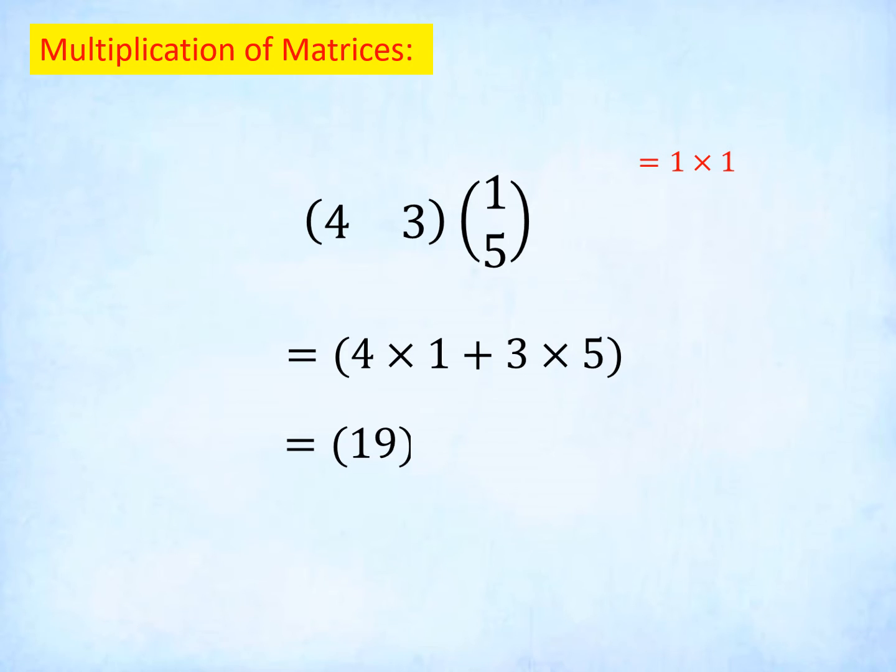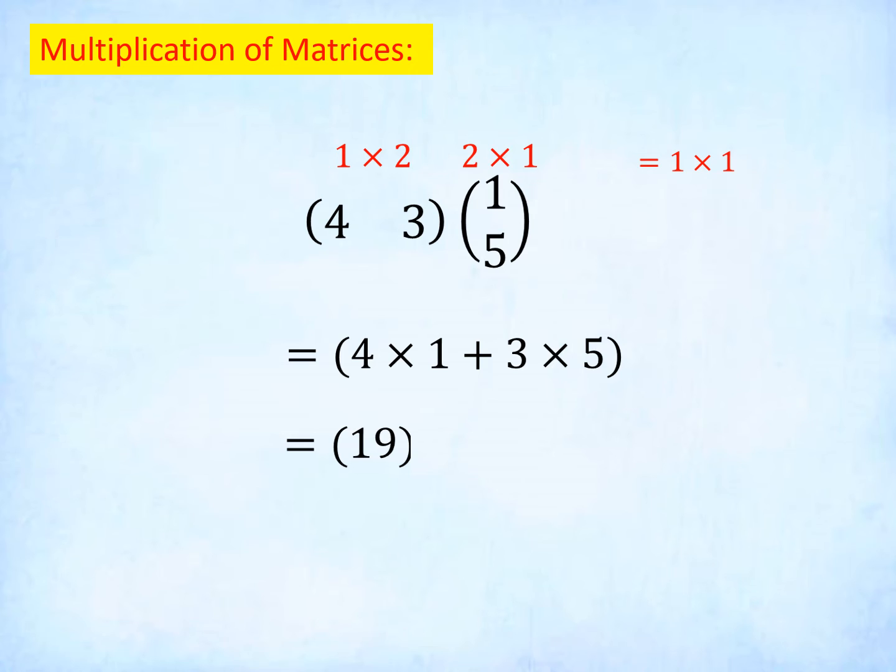Now let's move on to multiplication of matrices. In here, we are going to multiply a 1 by 2 by a 2 by 1 matrix. As you can see here, the number of columns is equal to the number of rows. So the order of the product is equal to 1 by 1.